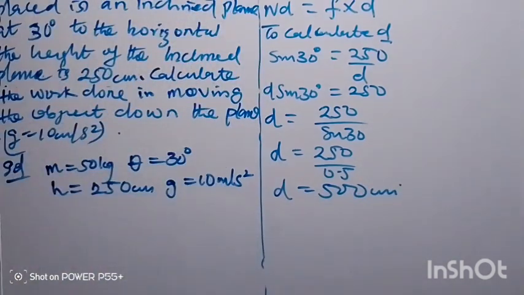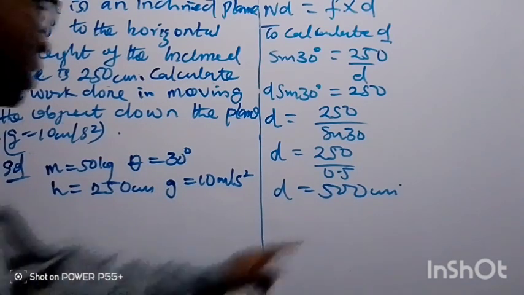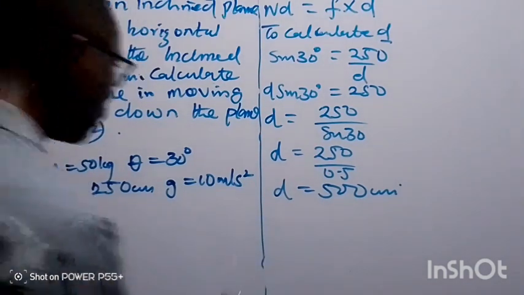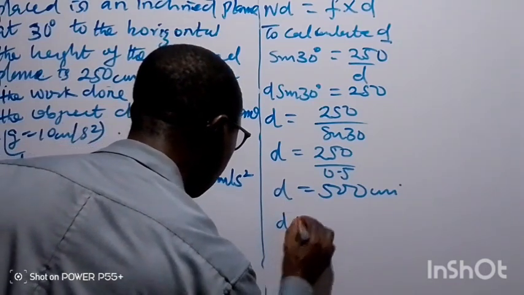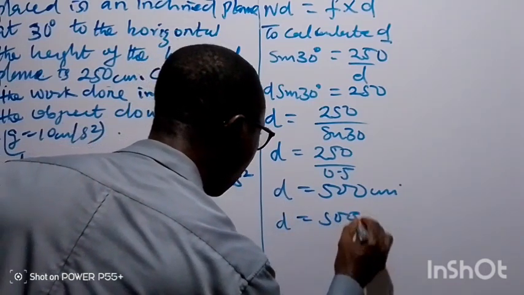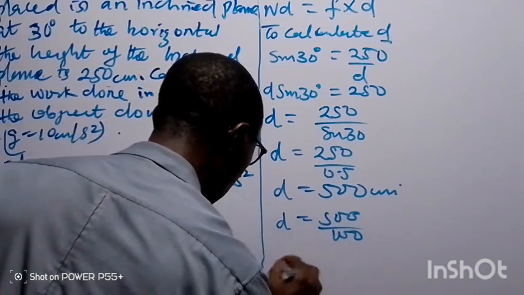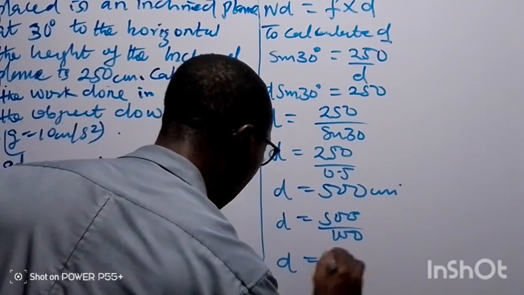But mark you, the acceleration due to gravity is given in meter per second squared, so we need to convert this to meter. D is equal to 500 over 100, so D will be 5 meter.